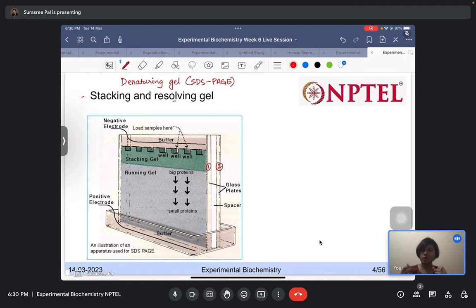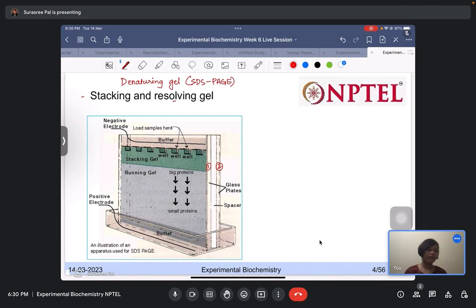We place the two glass plates close to each other so that there is approximately 0.5 millimeter thickness in between the two glass plates, and we pour the polyacrylamide mix in between, and let it rest for some time so that the polyacrylamide can form the gel, that is the polymer. So the liquid changes to a solid gel-like structure, a gel matrix, and this begins with the addition of APS at 10%.